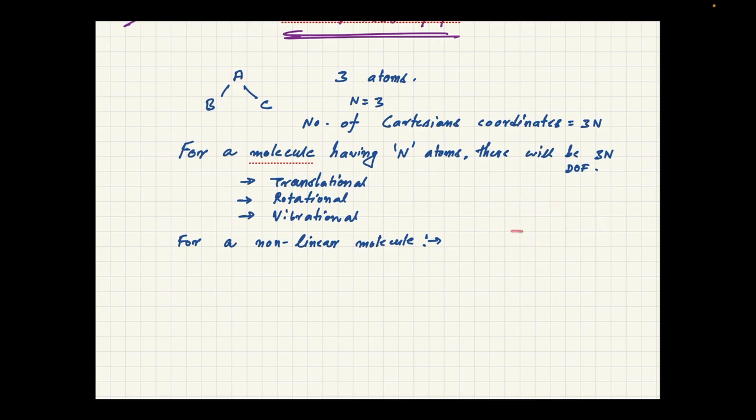The overall movement of the molecule is called translational movement. For a linear or nonlinear molecule, the overall molecule can move in 3 independent directions, x, y, and z, so the number of translational degrees of freedom will be 3.